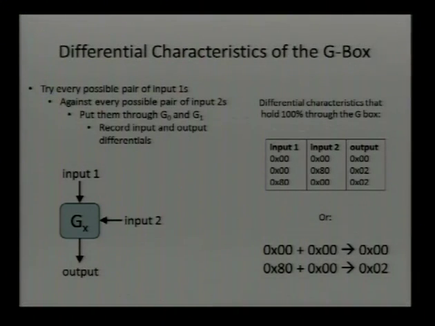The second one is the good one, the one we're after. These are in hex. I'm sure you guys figured that out. Either input 1 or input 2 can be 80. If the other input is 0, then we get this output differential of 2. The reason is that when you do the addition and you change a bit anywhere in the middle of the byte, there could be a carry, and it's going to screw up other bits.